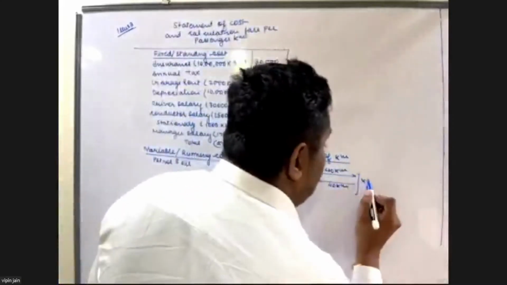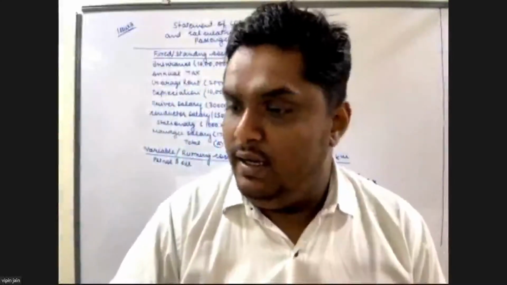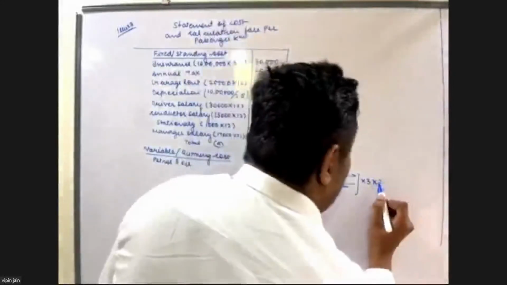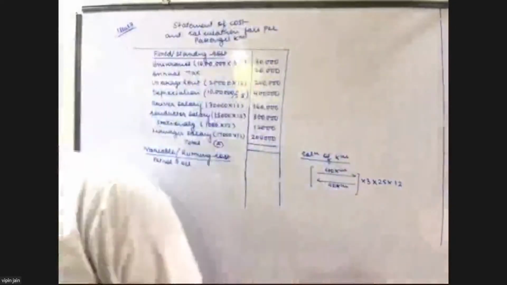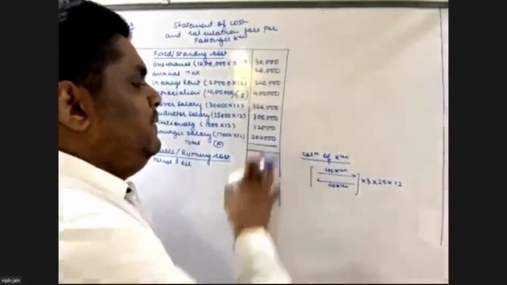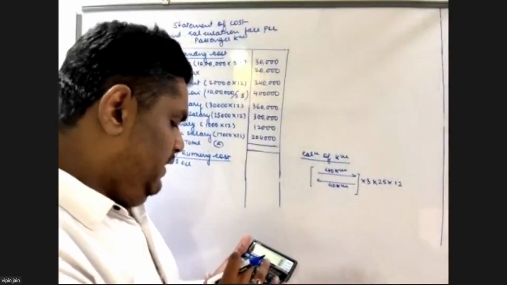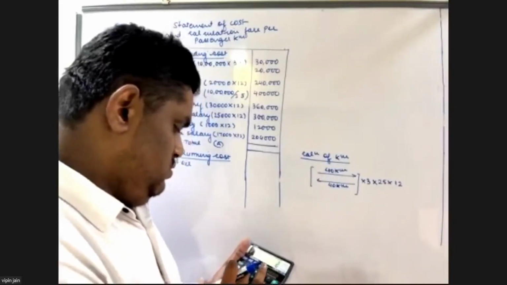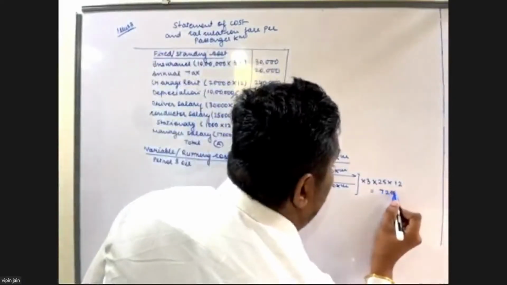So the number of round trips in a day is 3, and it operates for 25 days in a month into 12 months in a year. Since we have taken the yearly data for calculating the total cost, the kilometers will also be calculated yearly. So this will be 72,000 kilometers.